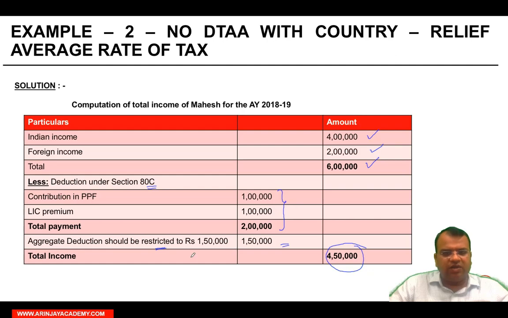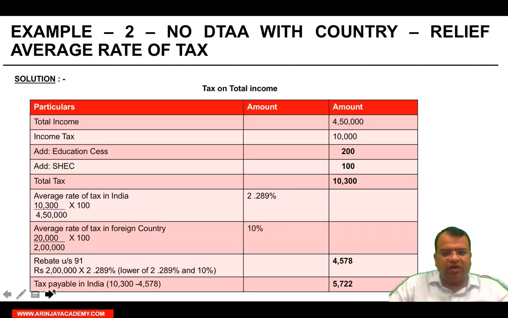Now the first question which comes up is, how much is the total tax on 4,50,000? Until now whatever we have done, ये normal provision के हिसाब से 4,50,000 की उसकी income थी. इस पे अगर आप income tax calculate करेंगे तो वो 10,000 आएगा. Education cess और secondary higher education cess लगाने के बाद total tax जो है वो 10,300 बैठता है.